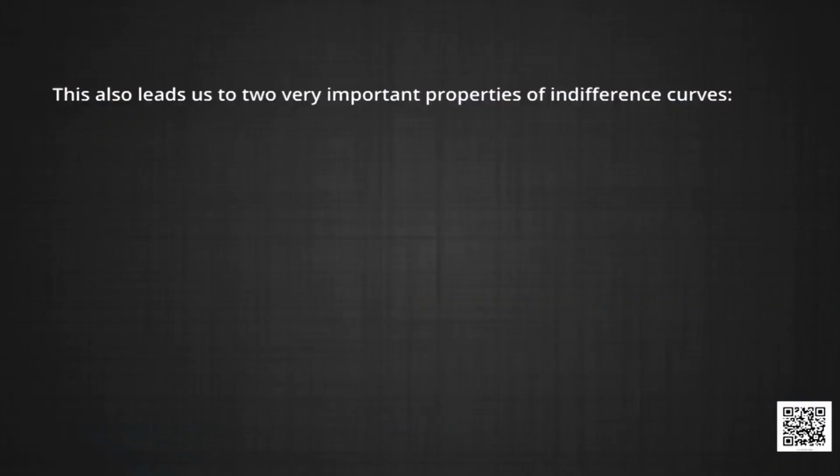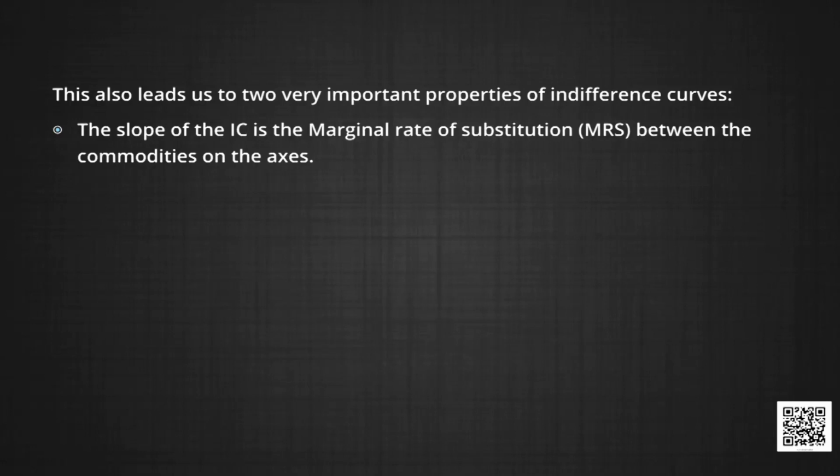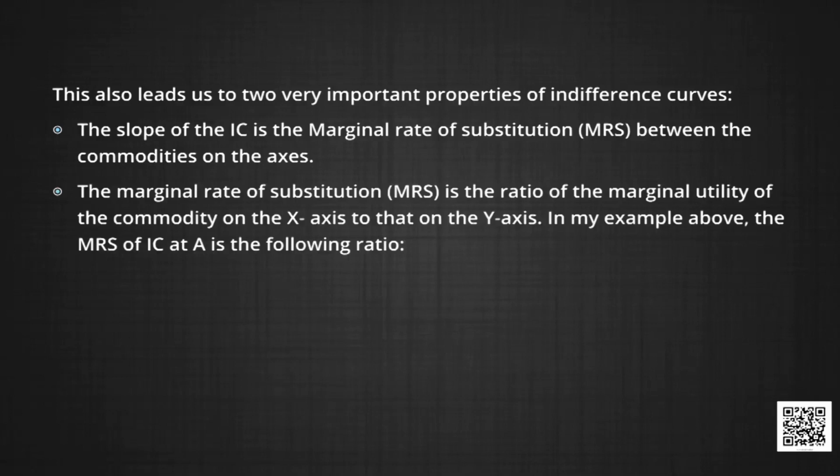This also leads us to 2 very important properties of indifference curves. 1, the slope of the indifference curve is the marginal rate of substitution between the commodities on the axes. The marginal rate of substitution is the ratio of the marginal utility of the commodity on the x-axis to the marginal utility of the commodity on the y-axis.